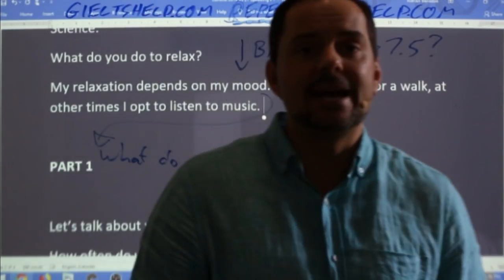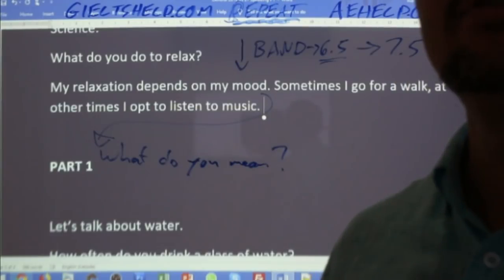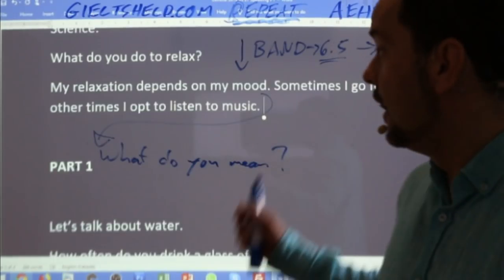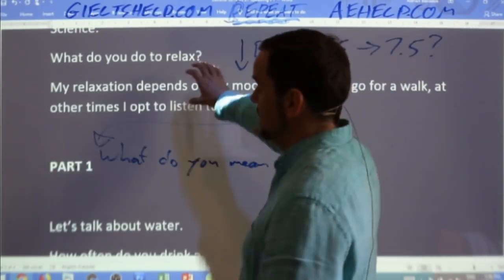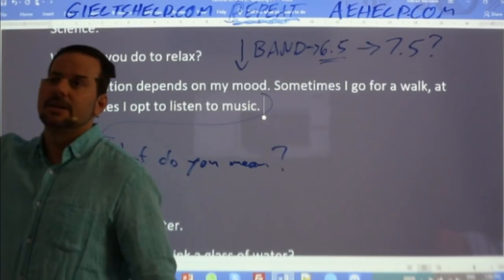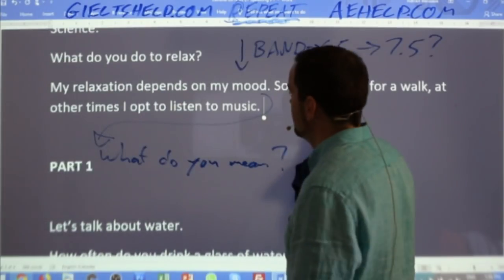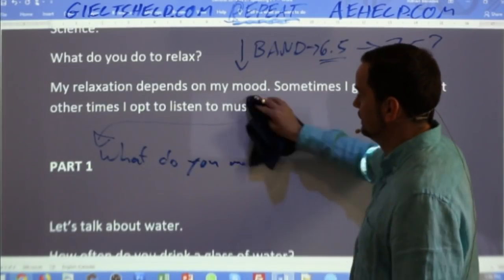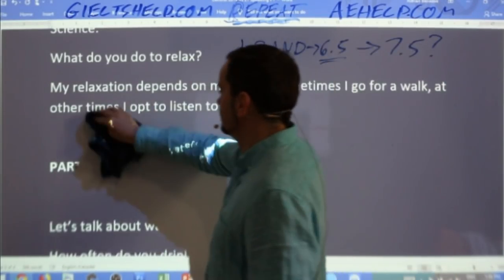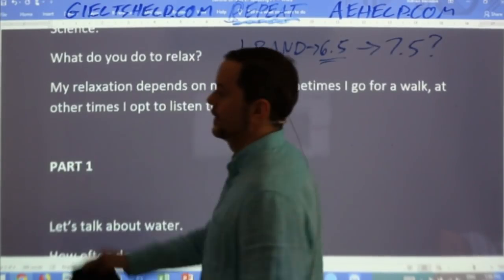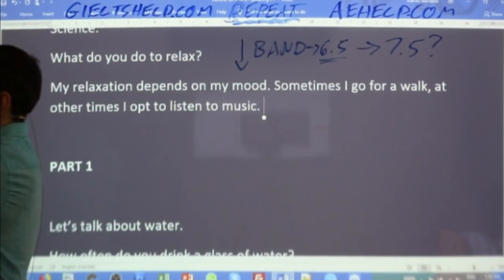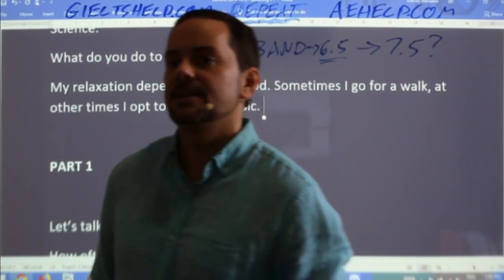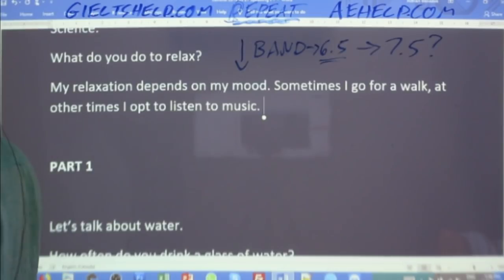So give me a band 7.5 version with this base. Okay, let's see how well you do on that. So here, that would be my question, is what do you mean it depends on your mood? Okay. Let's see what you come up with. I'll do the same. So think.